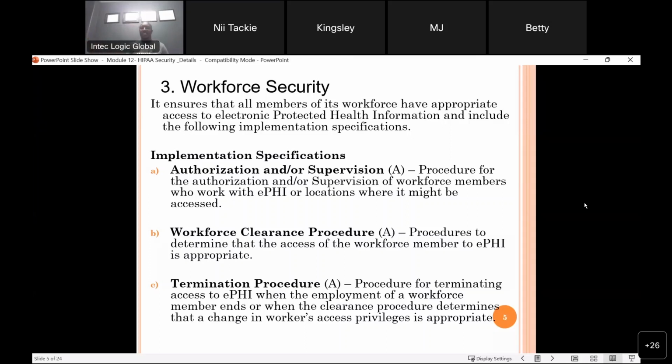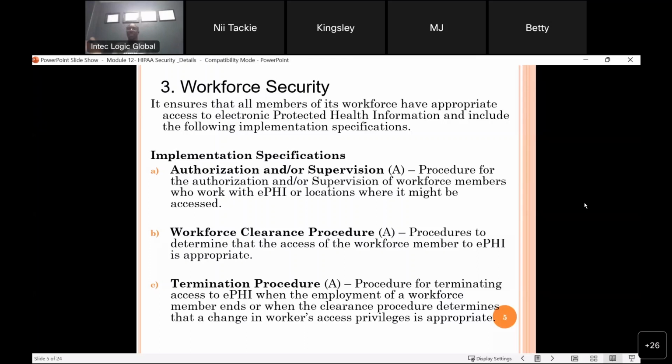Workforce clearance procedure: to determine that access of a workforce member to PHI is appropriate. If the workforce member is just a front desk executive taking calls and booking people, you need to make sure you have those demarcations.